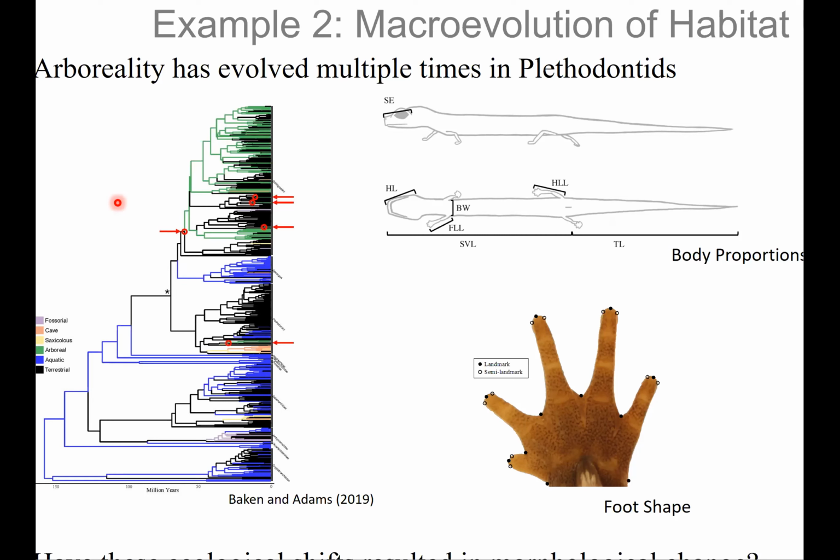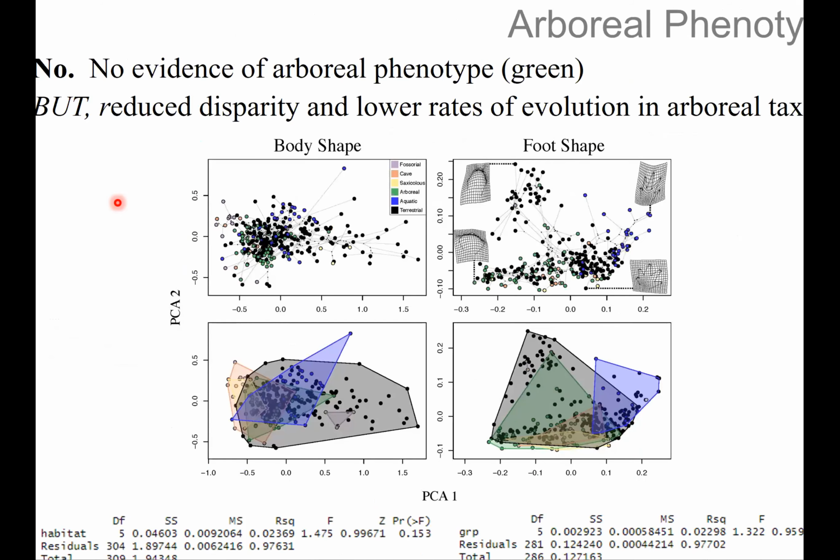Has it resulted in a consistent phenotypic difference? And so we can apply the same set of tools that I developed, the multivariate ANOVAs and PCAs in a phylogenetic framework. And the short answer is no. There's no evidence of a unique arboreal phenotype.